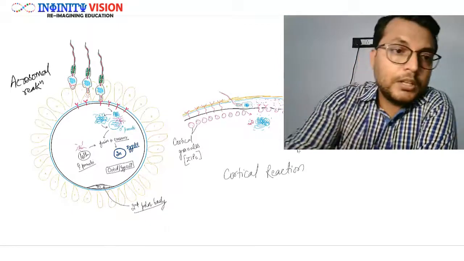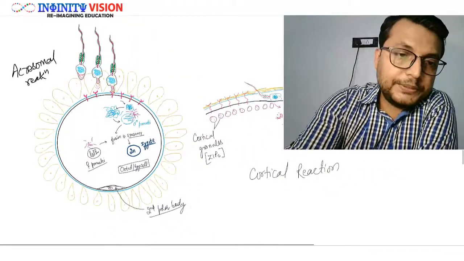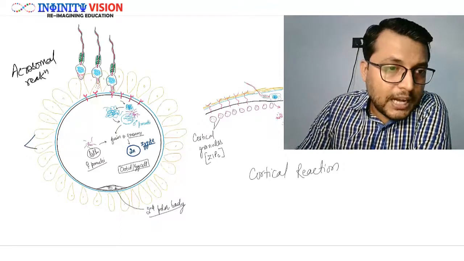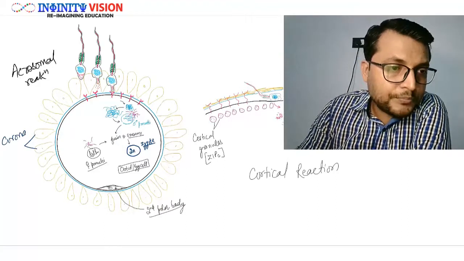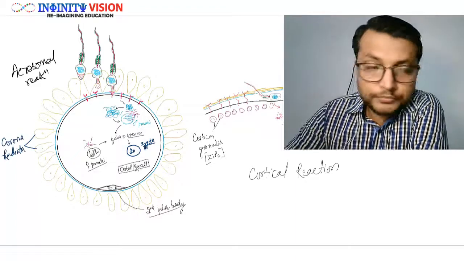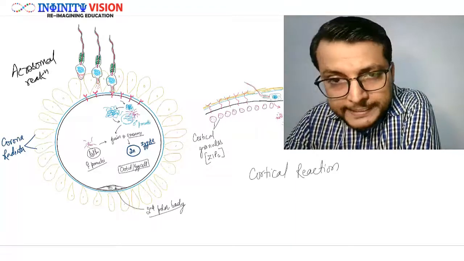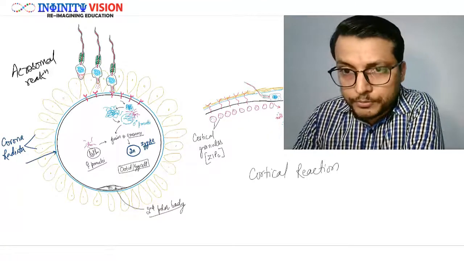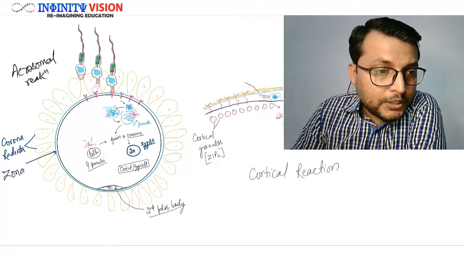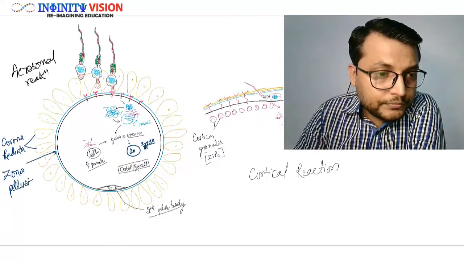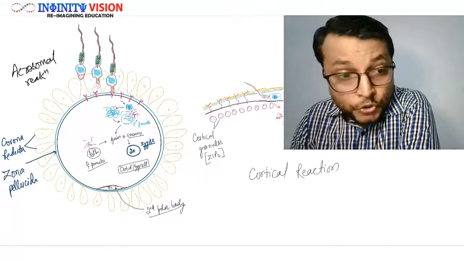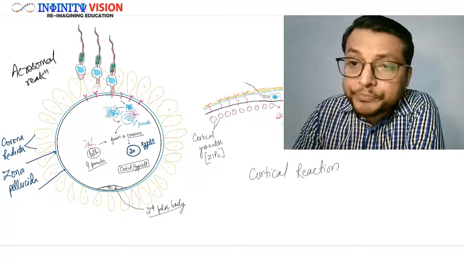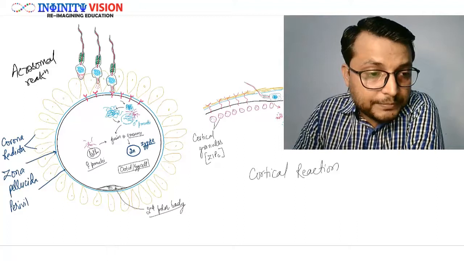So this was the structure of the ovum. Now see, consider that this is the structure of the ovum, and these cells are the cells of the corona radiata. Then this blue layer is the zona pellucida, and the gap in between this space is called what?